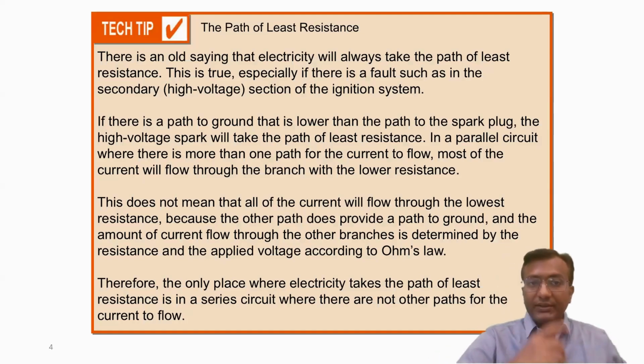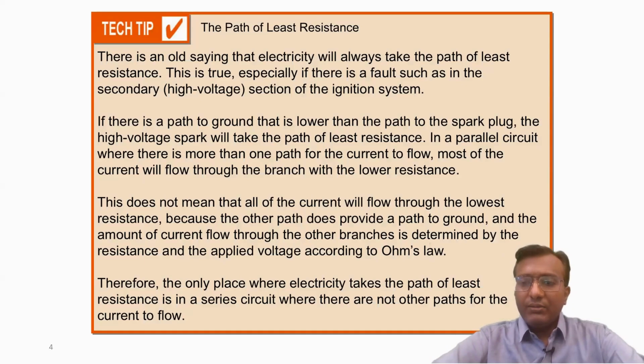Now this is an important concept. Take a small example. If you are driving a car and you have two roads that will take you to your destination, which road will you choose? The road with the least resistance, that is, less traffic, proper road condition, fewer potholes.